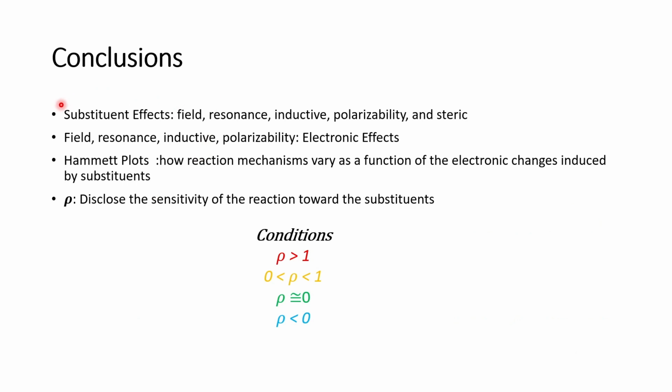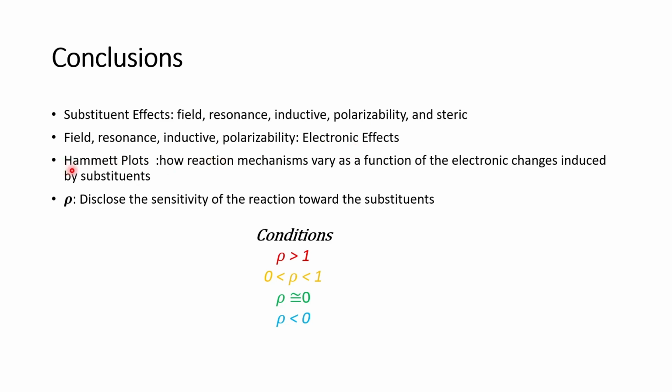So in conclusion, we learned today that there are 5 different types of substituent effect, including field, resonance, inductive, polarizability, and steric. Out of these 5 effects, the first 4, field, resonance, inductive, and polarizability, can be considered as electronic effects.